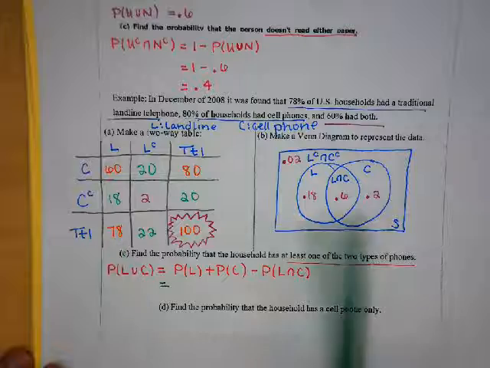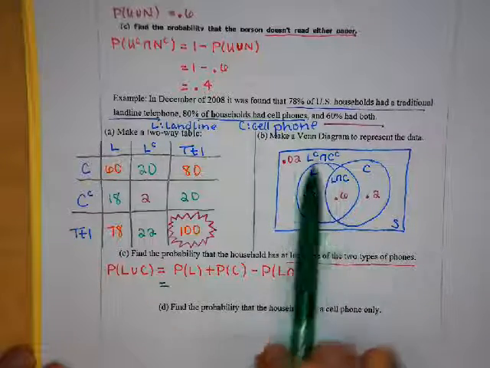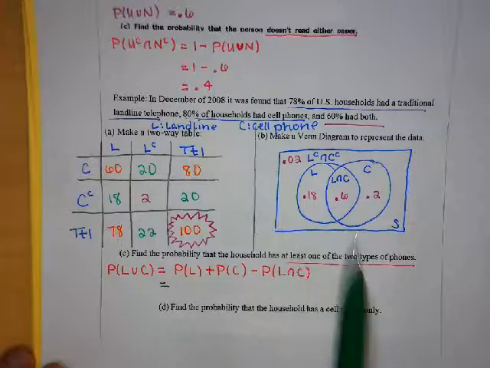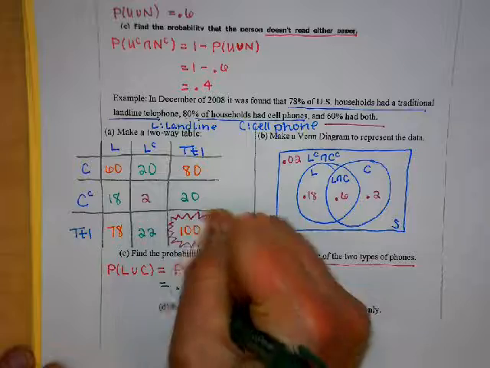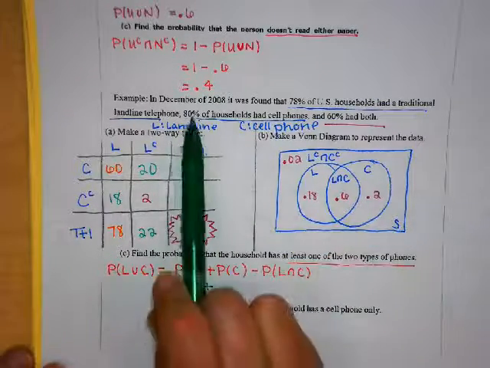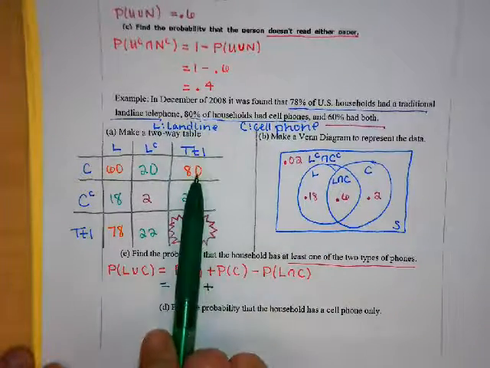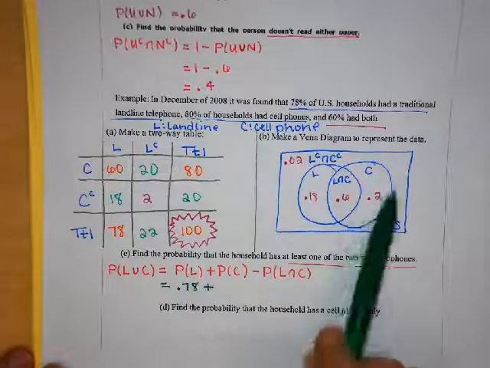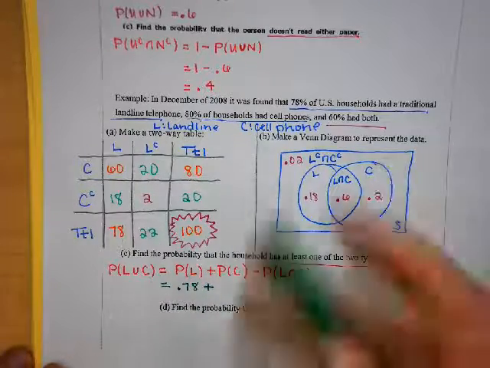Probability of C, 80%, right here in the table, or all of circle C, 0.6 and 0.2 together, which is 0.8. And then minus L and C, which is 60%.